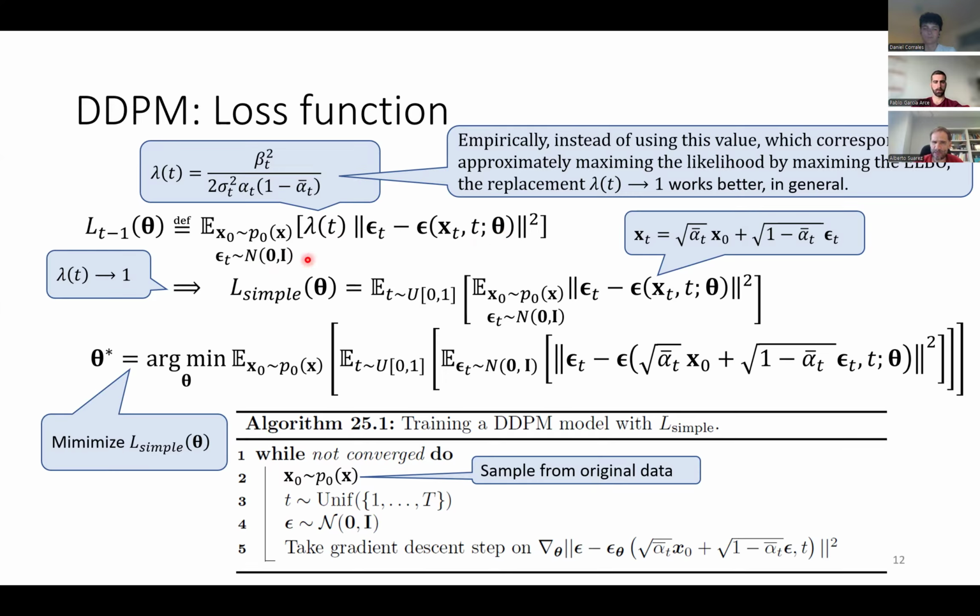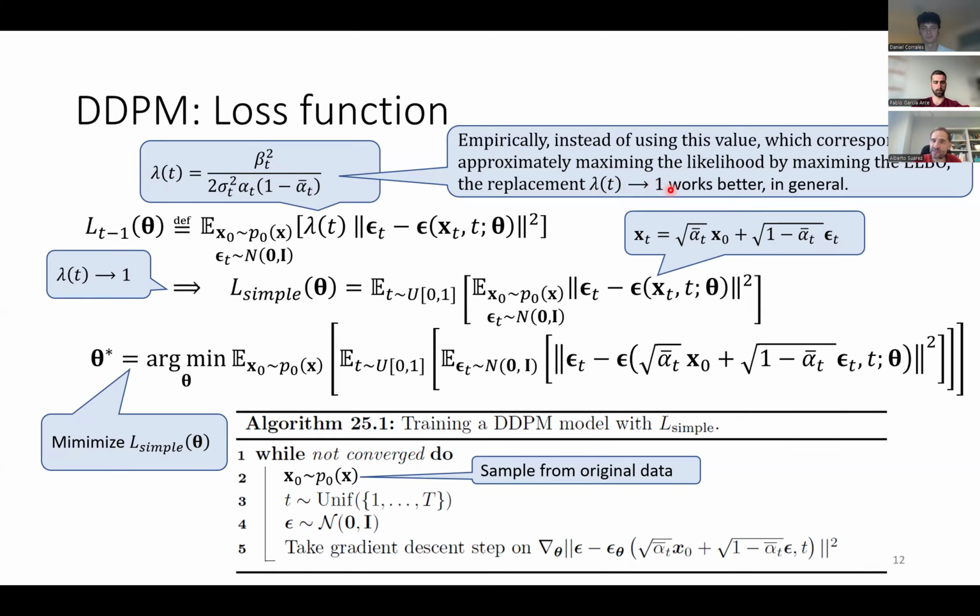Now, this lambda of t is a complicated expression, but easy to compute. Remember that beta of t is something that we know, and alpha of t and alpha bar of t can be computed in terms of beta. So it is a number just as a function of t. That's deterministic. However, what people do in practice is that this doesn't work very well.